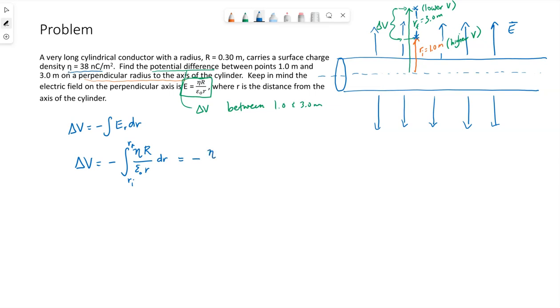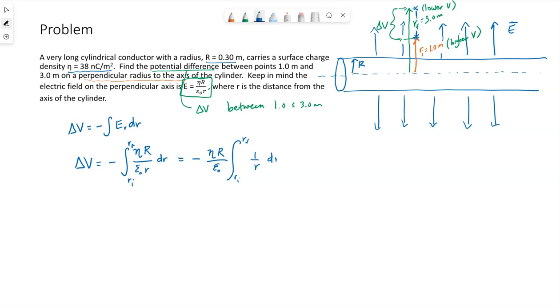They gave me the surface charge density, 38, so that's a constant. There's no variable part of that. They gave me capital R. Capital R means the radius of this actual conductor that has the surface charge density. Epsilon naught, of course, is a constant. We've been using that already.